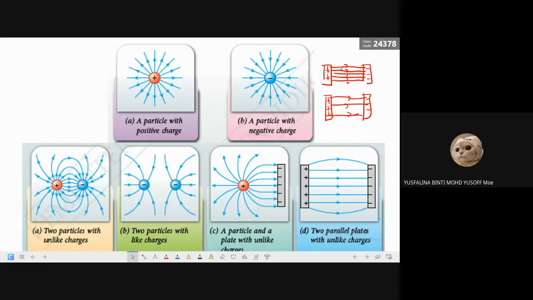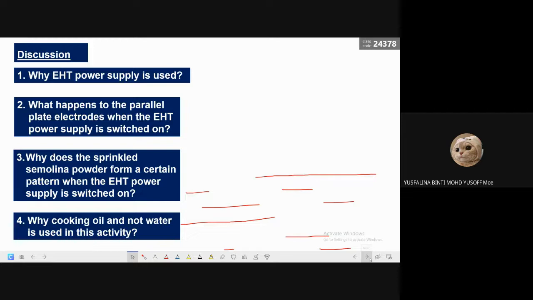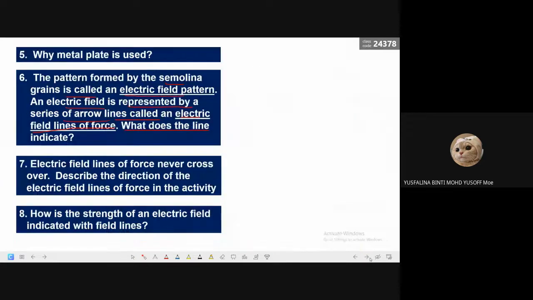When they are closer to each other, it means a stronger electric field. So the strength can be seen by the lines of the field, and another is the distance between the field lines. If they are much closer, it means a stronger field. And another is the number of field lines. If there are more lines, there is a stronger field there. This one we already discussed.